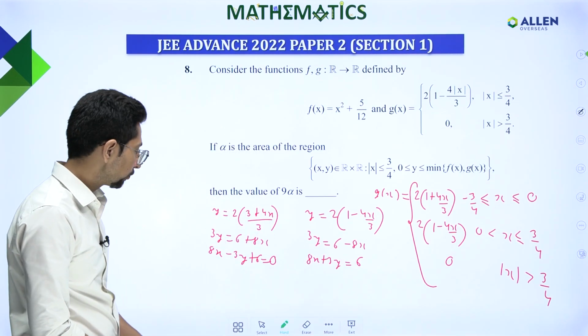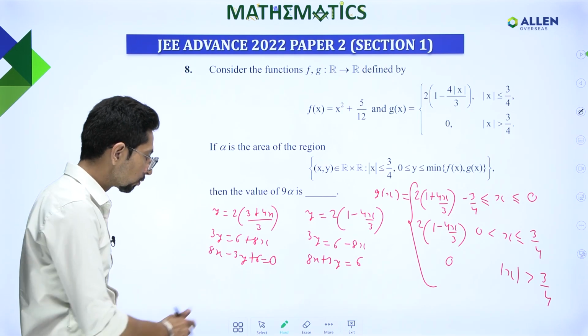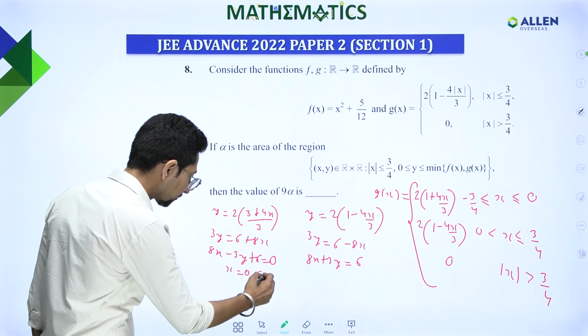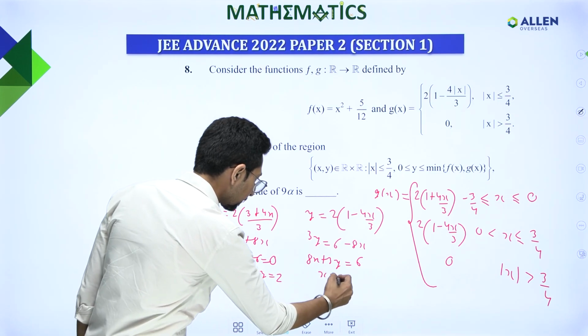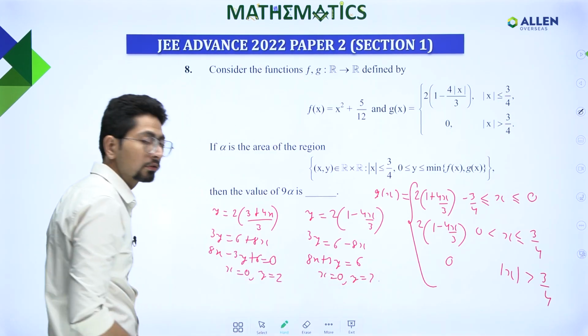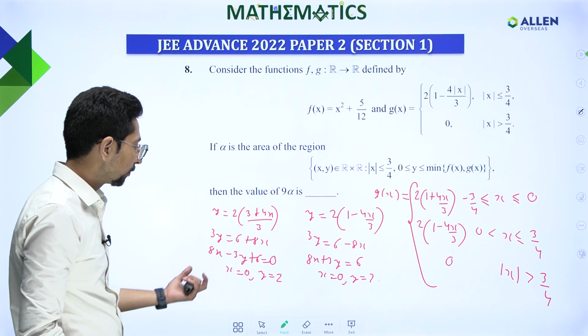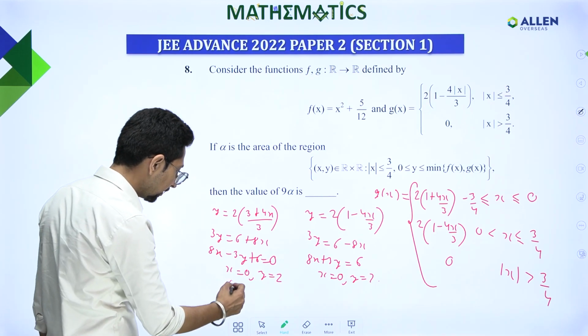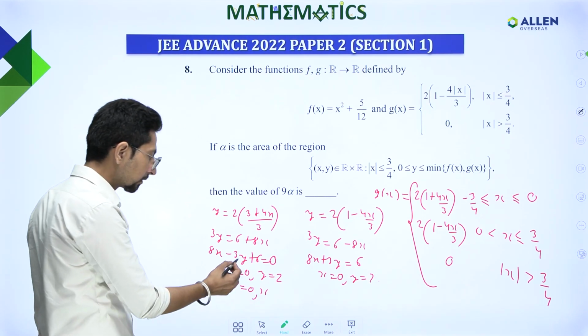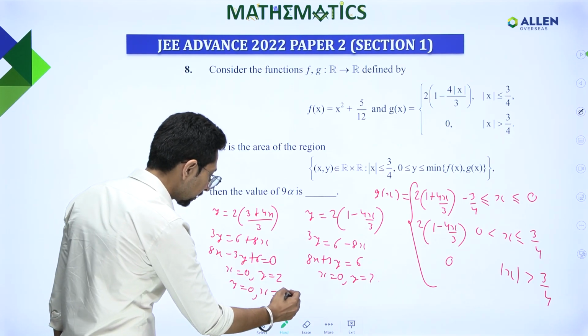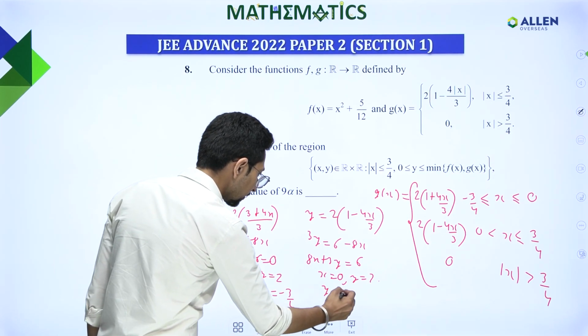Right, from both the equations you can see if x is 0, y is 2, so the coordinate x0, y2, right? This will be satisfying, so you have to consider this. Similarly, you can check for y0. For y0, what will be x? For y0, x will be minus 3 by 4. So you have to draw the lines.